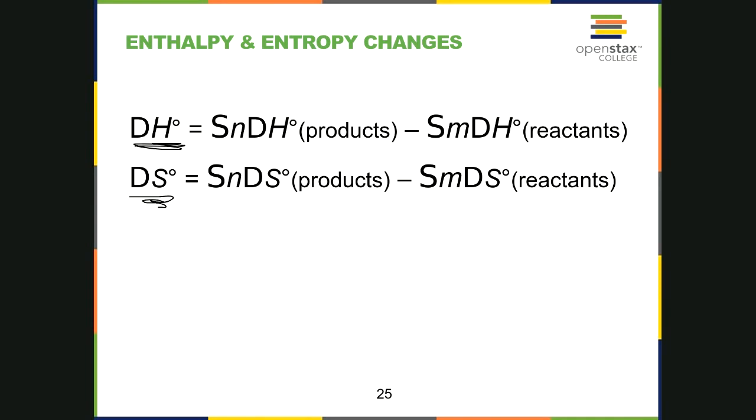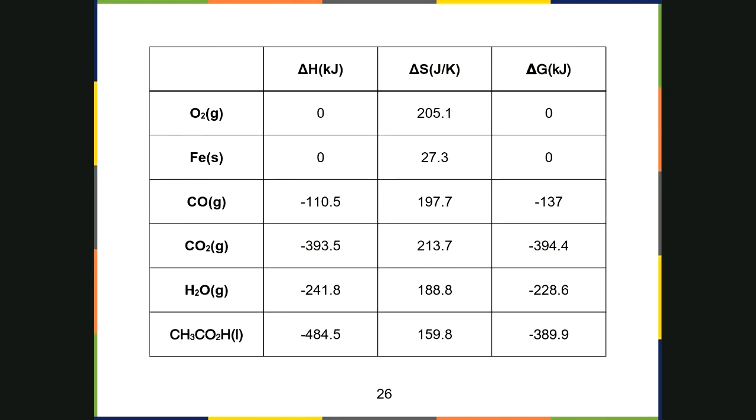Now the last slide has some of the values for this. Now here's one thing to notice, and that is for the formations, the entropy formations, they're a little different because things like oxygen and solid iron and things in their elemental form, they actually do have a number as compared to Gibbs free energies, where it's going to be 0, and enthalpies, where it's going to be 0.